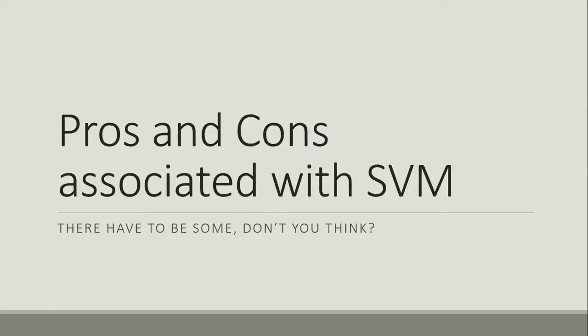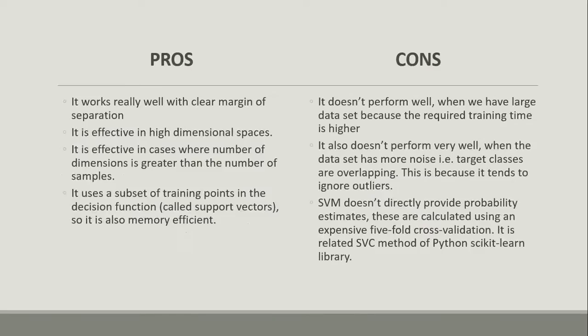we'll see the pros and cons associated with SVM, because there have to be some advantages and disadvantages. The advantage of SVM is that it works really well with a clear margin of separation. Say you have data which has been segregated very properly, it will give you very accurate results. As you could see in the implementation, we chose the features accordingly because we wanted a clear margin.